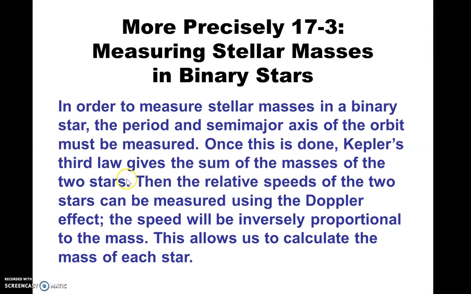And then what you have to do is there turns out to be a linear relationship between the speed of the stars, which of course you get from the Doppler effect, and the mass. So you can get the sum of the two masses of the two stars that are orbiting each other, and then resolve what the mass of each individual star is by figuring out the speed, which again, of course, you do with the Doppler effect.